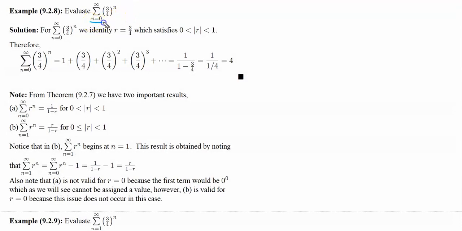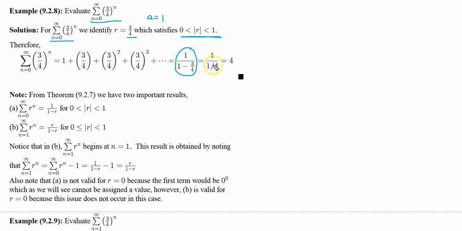So let's evaluate this infinite series, the series from 0 to infinity of 3/4 to the nth power. Well, in this case, we see that r is equal to 3/4, and also note a is 1 in this case. And so r does satisfy this. And so therefore, we see that the sum from 0 to infinity of 3/4 to the n is going to be right here: 1 divided by, this is the a, right? a divided by 1 minus r.